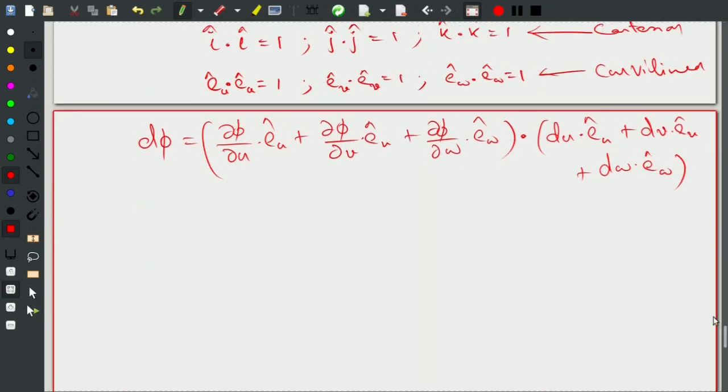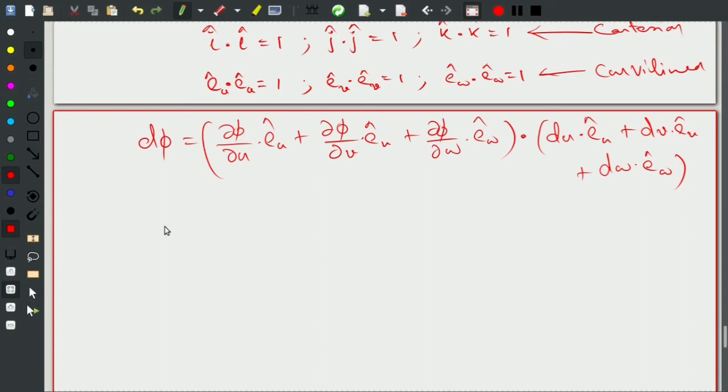The motivation is to convert this du, dv and dw into dr. Then we can rewrite this as a gradient, the gradient of the function φ in the curvilinear system.